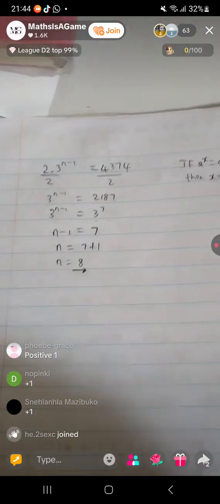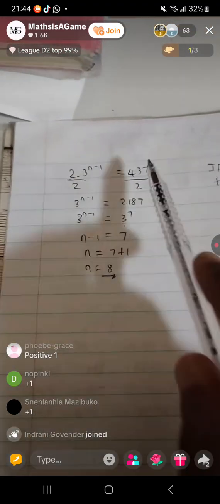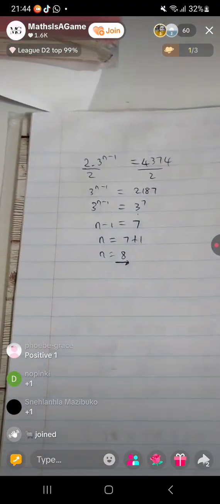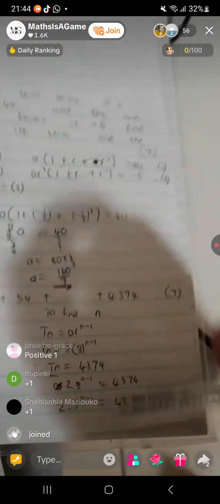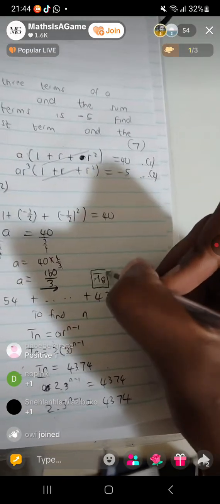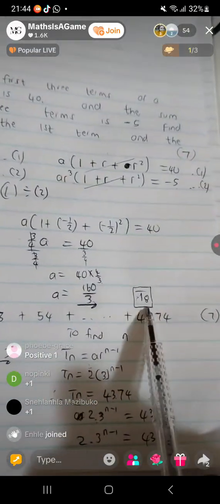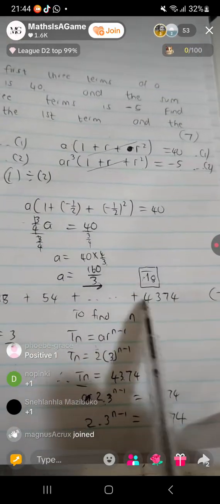So we now know that because the position of 4,374 is 8, in other words, this 4,374 is the 8th term. As the last term, it's the 8th term. It means how many terms do I have in total since this is the last term?